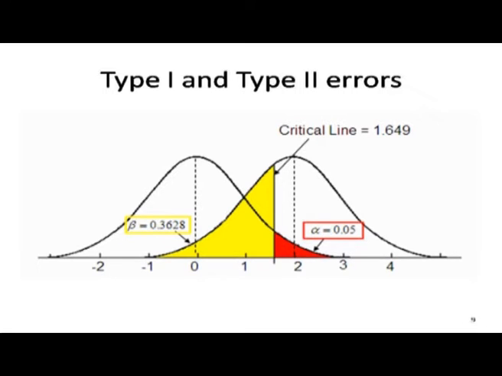So, beta will increase, 1 minus beta, which is the area under second distribution beyond your point for alpha equal to something less than 0.05, that area will decrease. That means, power of the test, which is the ability to reject a false hypothesis, will decrease.